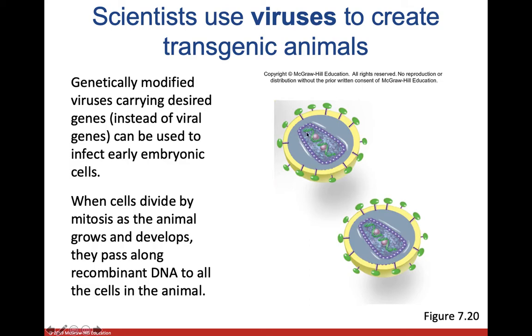So if you take out the dangerous stuff on the inside of a virus and you put something good inside, like a gene to produce insulin or a gene to fight cancer, you can introduce that virus to the human or whatever animal it is, and instead of killing the human or the animal, this virus doesn't have anything dangerous inside of it, and it just delivers a modified gene that's super useful.